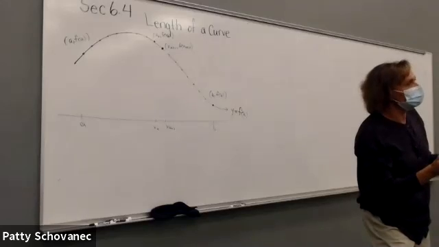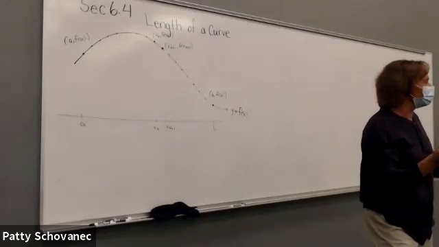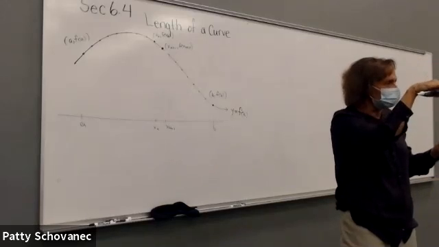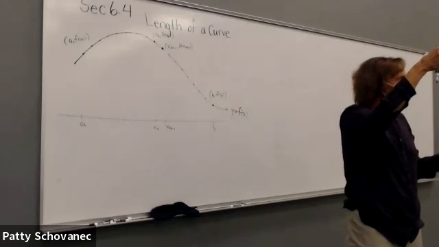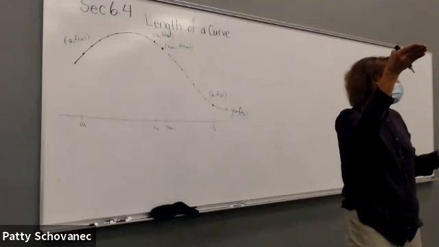The distance between 2 points on the line is just the Pythagorean theorem. That's the hypotenuse, where the legs have a change in x and change in y. So the length of that hypotenuse is the square root of change in x squared plus change in y squared.